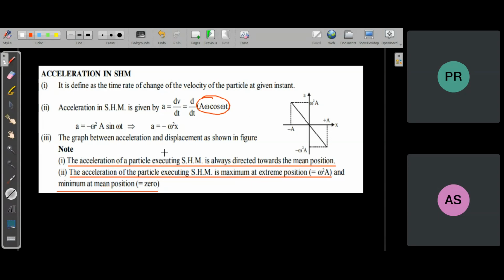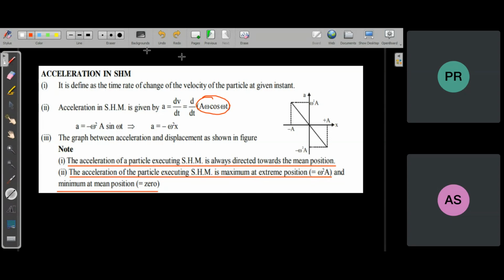At the mean position, x will be 0, and so acceleration will also be 0, and it will be minimum at the mean position. Also, you have to understand that the mean position is that position where the net restoring force becomes 0. So force 0, then acceleration automatically 0 from Newton's law.